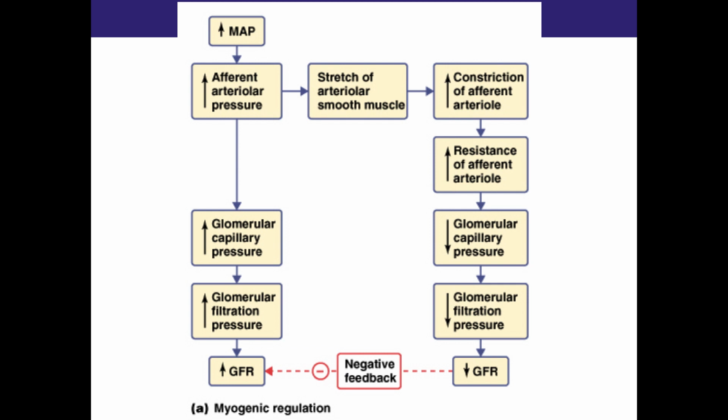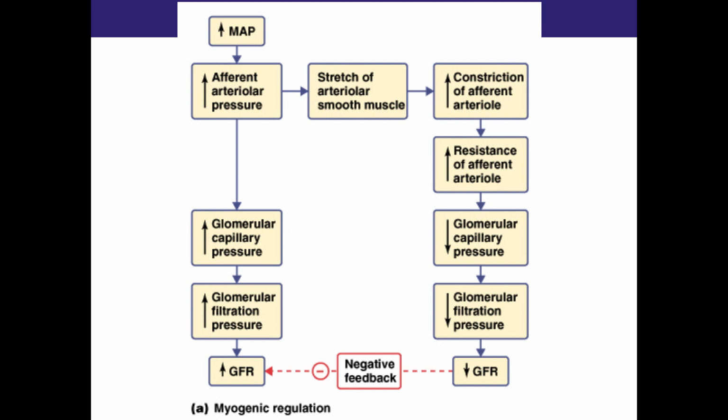So now it's a weird flow chart. I agree. But now it makes a little bit more sense. So if you have a surge of high blood pressure, mean arterial pressure, it increases the afferent arteriolar pressure, increases glomerular capillary hydrostatic pressure, increases that net filtration pressure, and ultimately increases glomerular filtration rate. So how do you control that?